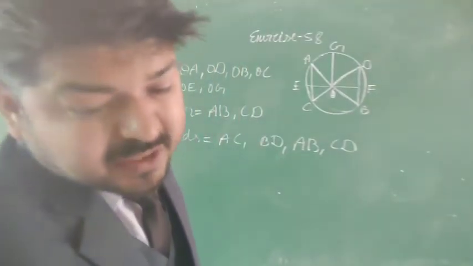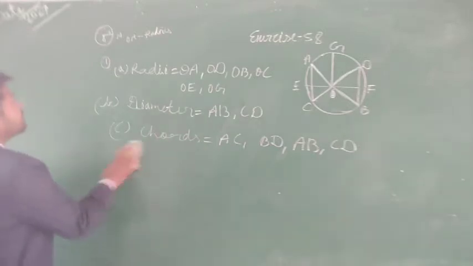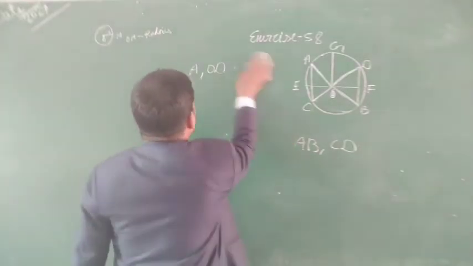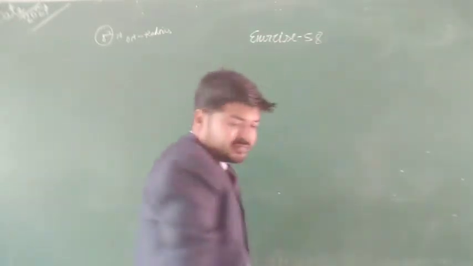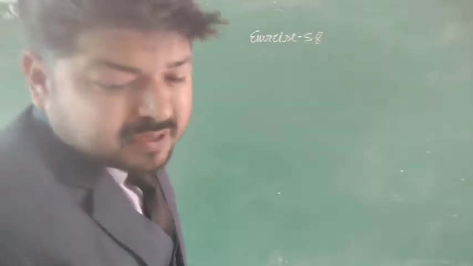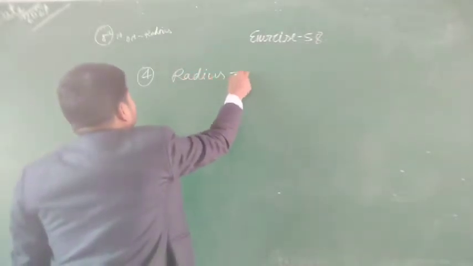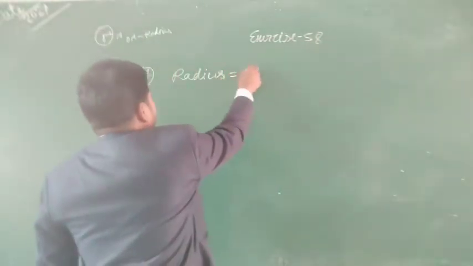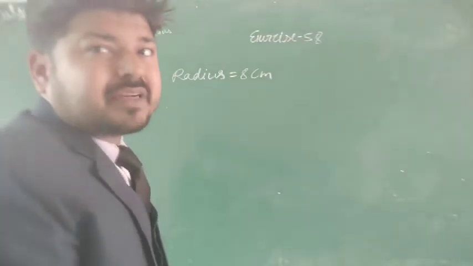Now I am going to tell you question number 4. What is question number 4? In question number 4, radius is given there, 8 cm, and it is asking diameter.